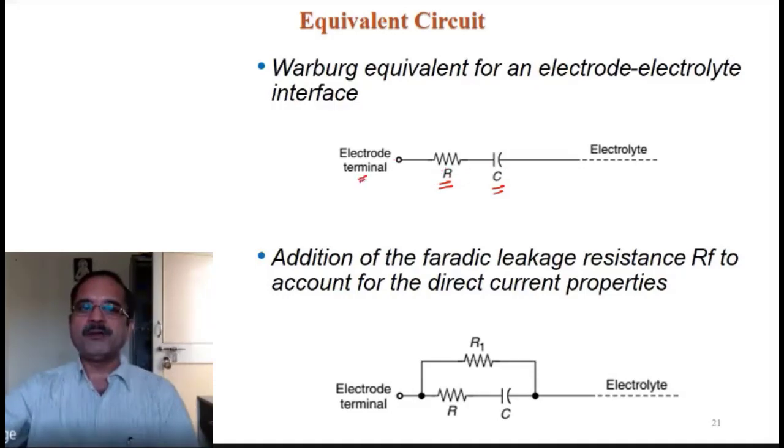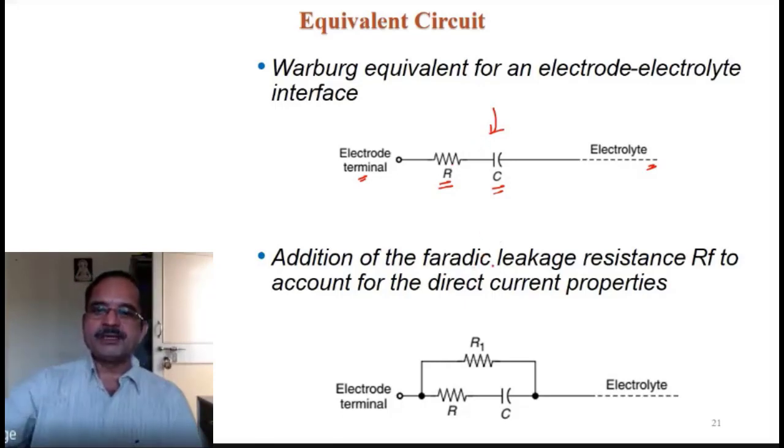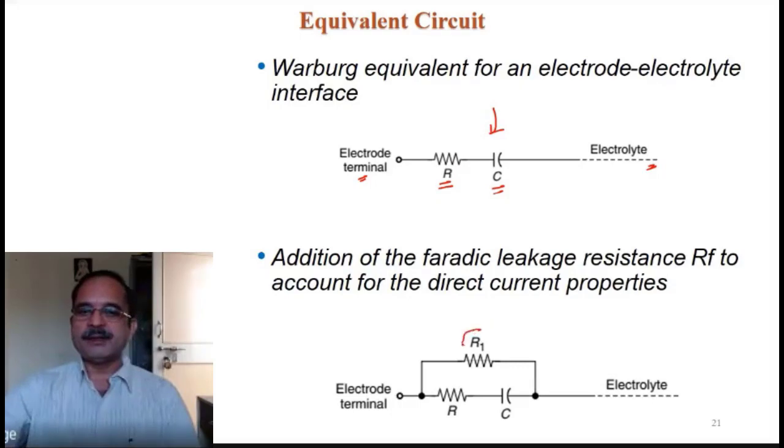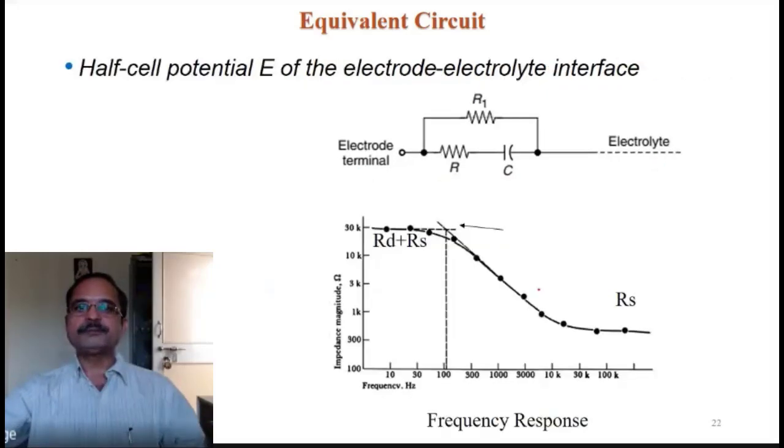On one side is the electrode terminal, on the other side there is the electrolyte. Now if we include the leakage resistance, this capacitor is not an ideal capacitor, so there will be some current leakage. That leakage is represented by this resistance R1 here. If we include this resistance R1, it is called the Faradic leakage resistance.